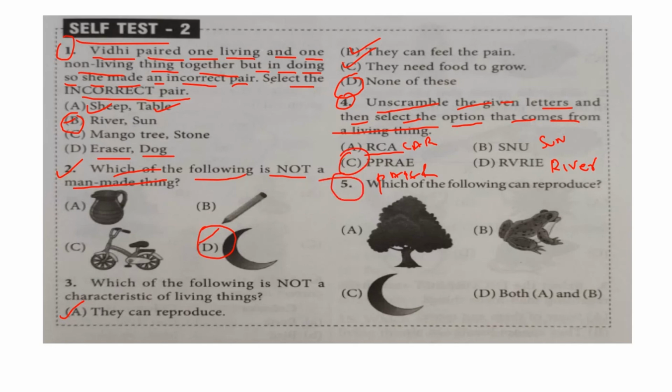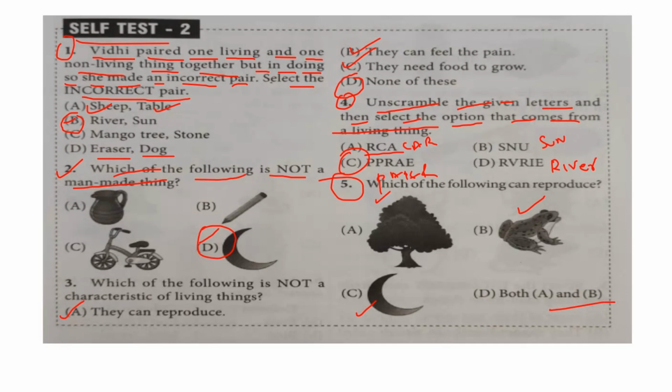For question number 5, which of the following can reproduce? Tree, frog, moon, and both A and B. So which of the following can reproduce? Frog. What do you say? Frog can reproduce? Yes, frog can make its own kind.